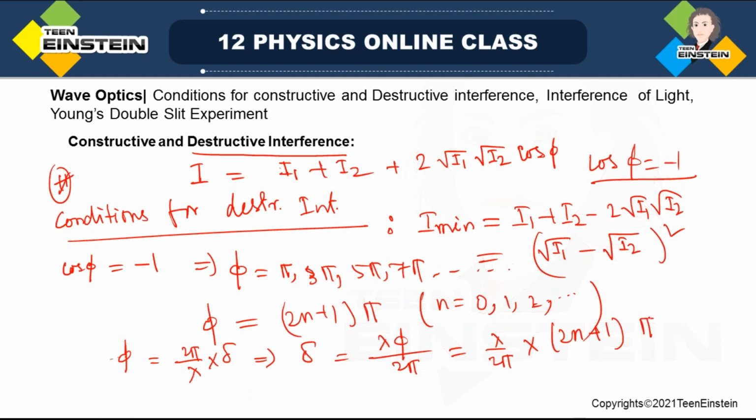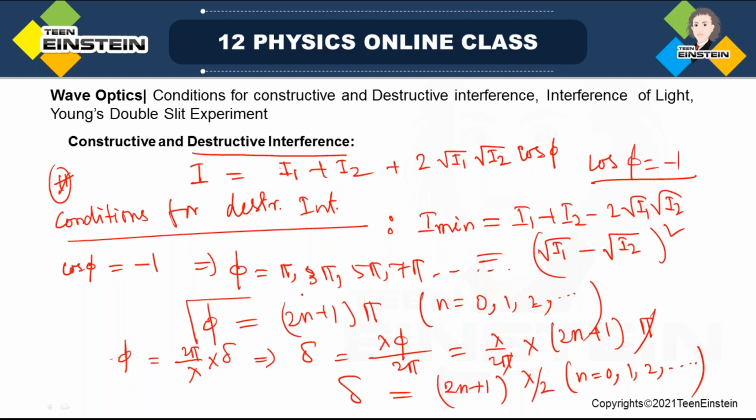If we strike this pi out, we get delta is equal to (2n plus 1) into lambda by 2, where n can be 0, 1, 2, 3, etc., any integer number. Alright, I hope you have got this point.